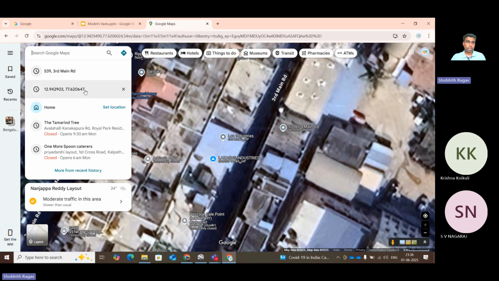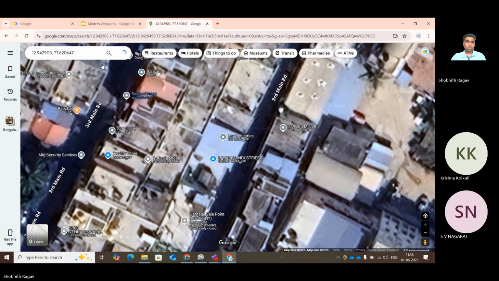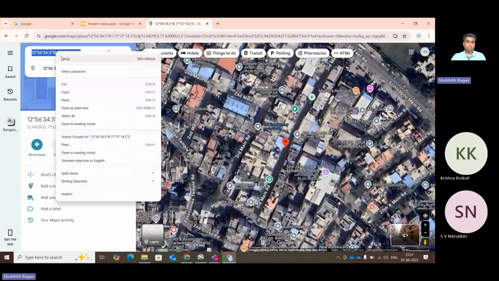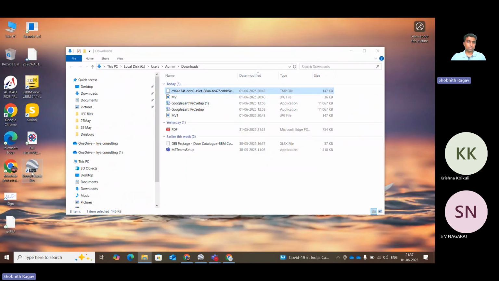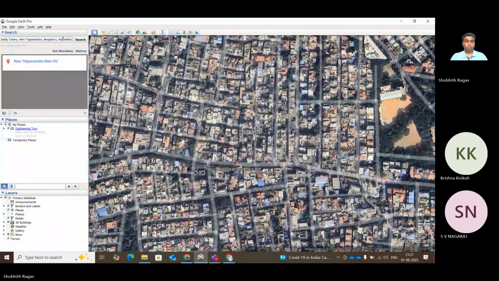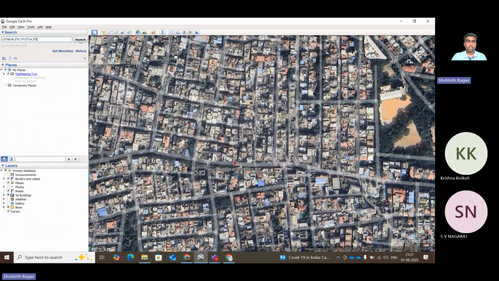Here you get the coordinates. You can copy, and there is a free application called Google Earth Pro. You can install it on your desktop. You can input these coordinates here and search.